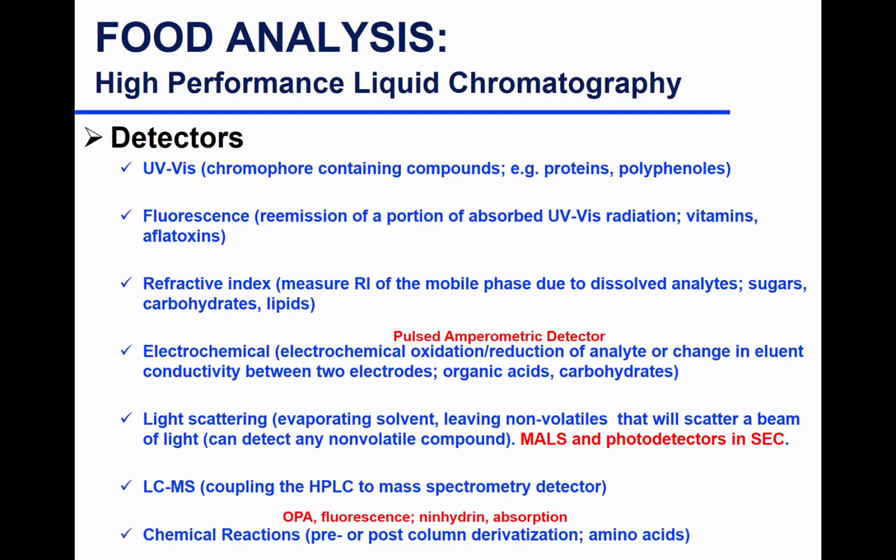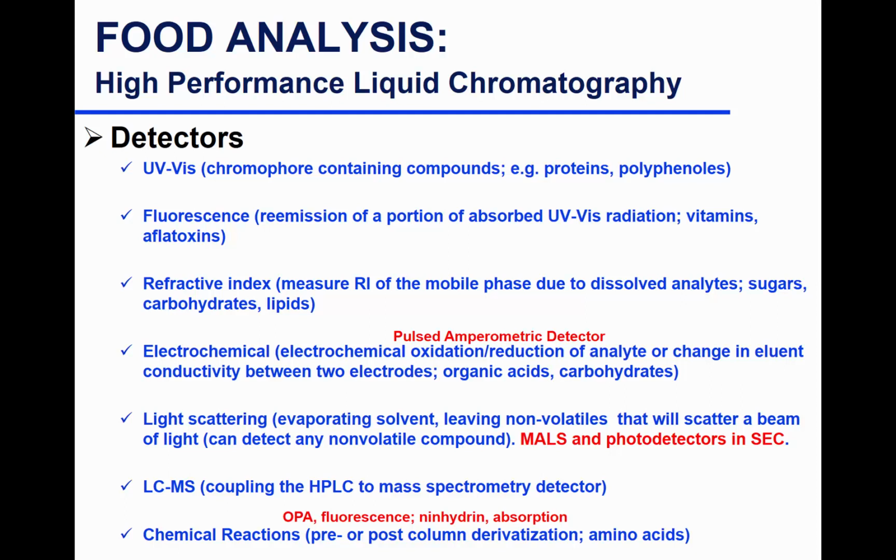Another powerful detector is the electrochemical detector, the most recent version of which is the pulsed amperometric detector. It's more sensitive and it doesn't get polluted. When you run a compound and it oxidizes or gets reduced, the residues of it might stay in the detector and cause poisoning to the electrodes.